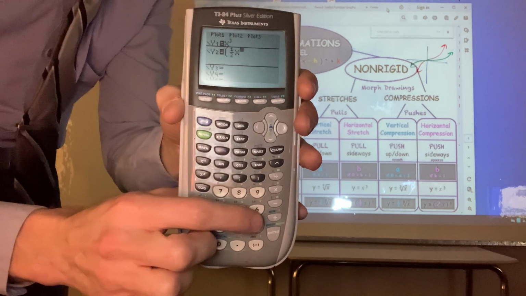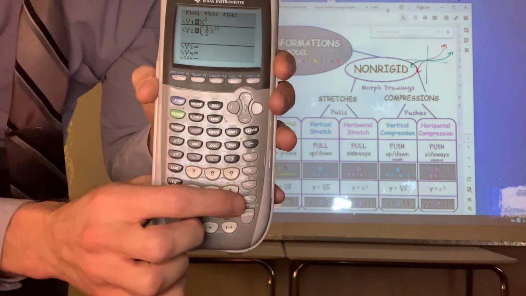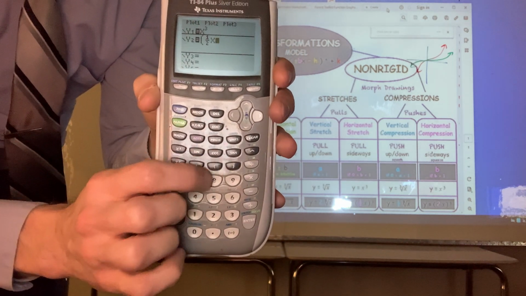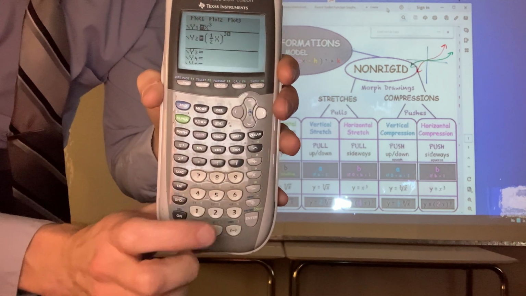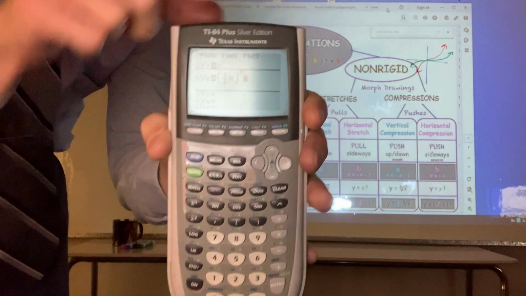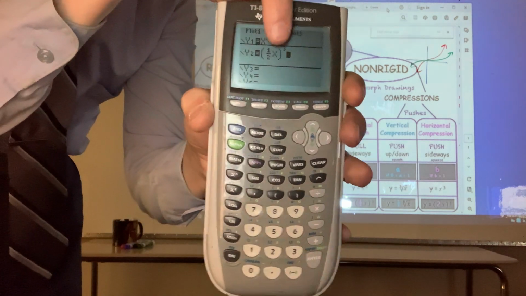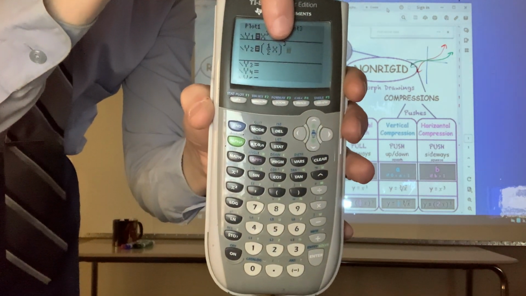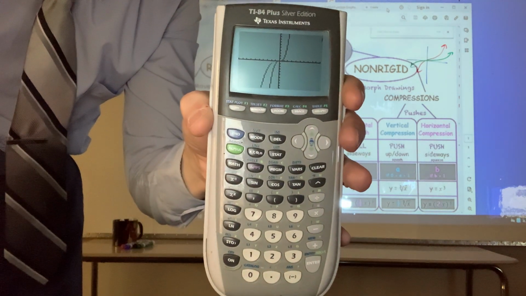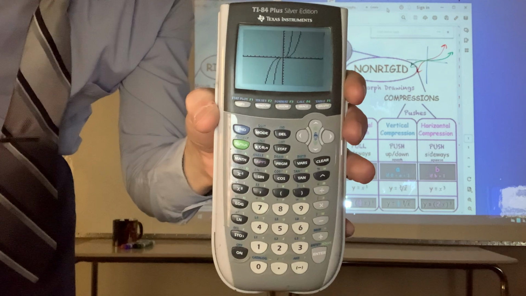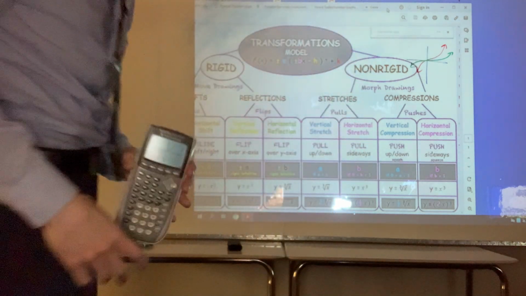Well, you know what I should do? I should actually put this outside. All right, sorry. Get rid of that. Parentheses. Now put the caret here. 3. There you go. Both of these things are inside the function, meaning they're both affected by the degree of 3. So the effect on the picture, as expected, is a horizontal pull, right?